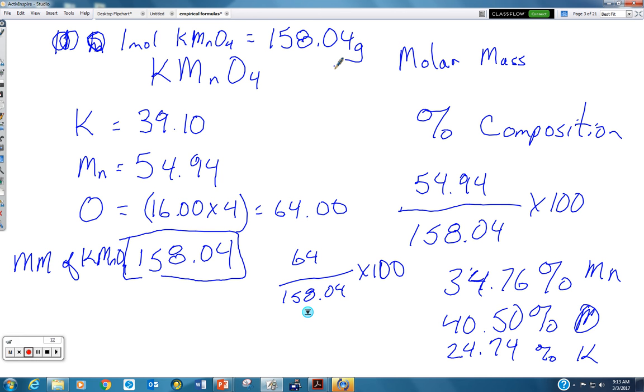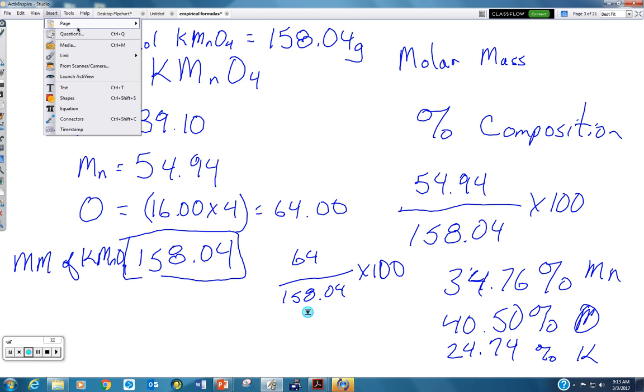So if I want to measure out 1 mole of potassium permanganate, I have to go to the scale and measure out 158.04 grams.